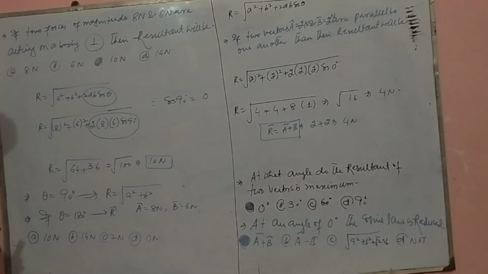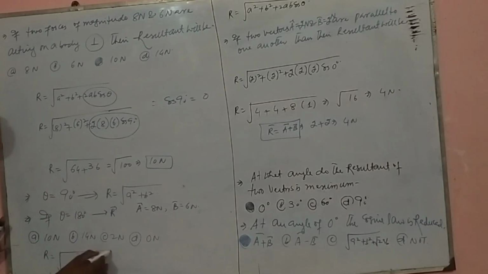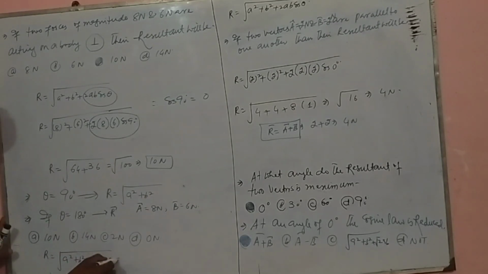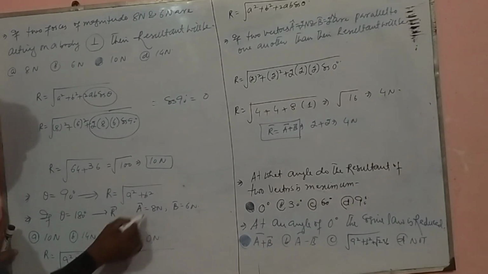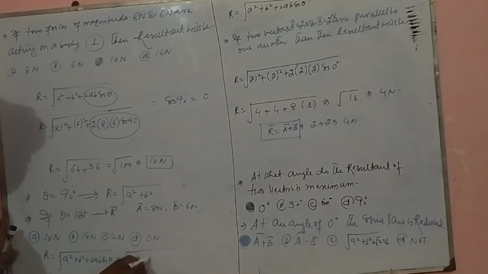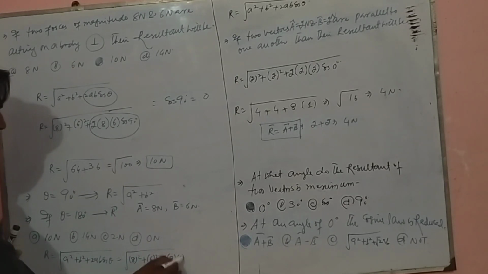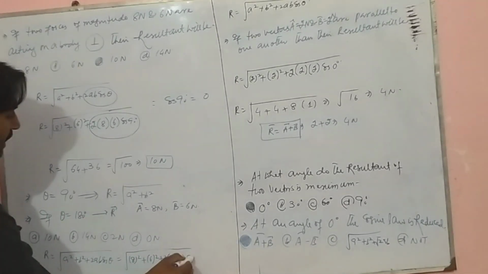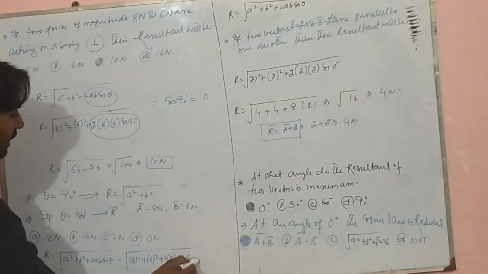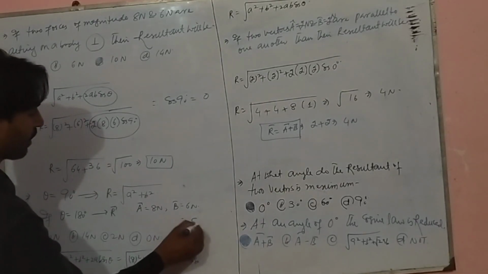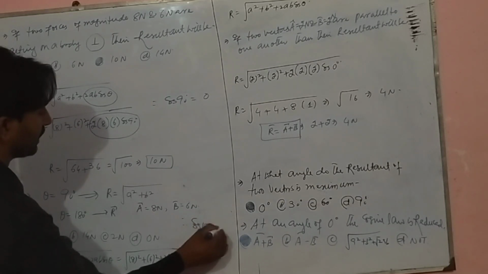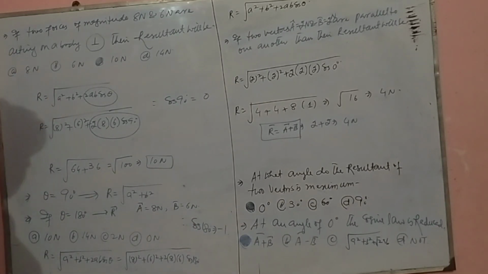Let us see. If the angle is 180 degree, then the cosine law will be equal to the square root of a square plus b square plus 2ab cos of angle theta. This equals a is 8 square, b is 6 square, plus 2 into 8 into 6, and cos of the angle 180 degree. And cos 180 is equal to -1.